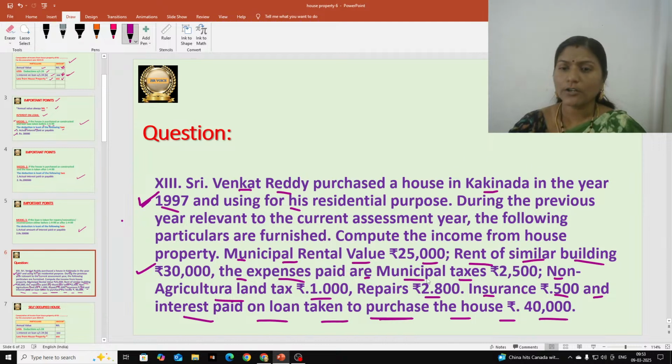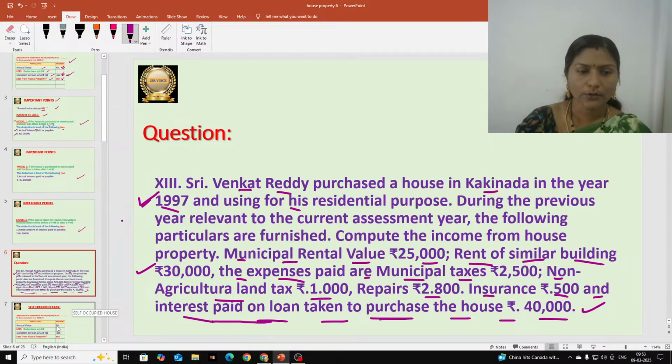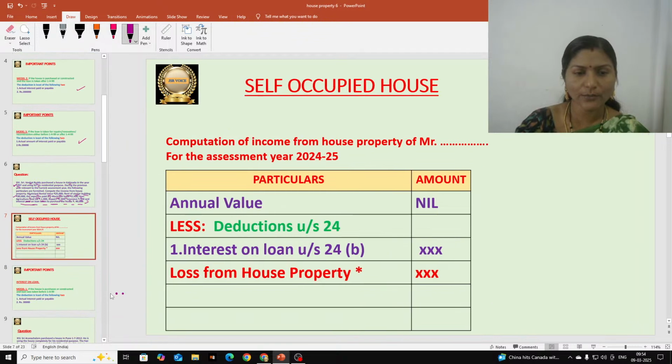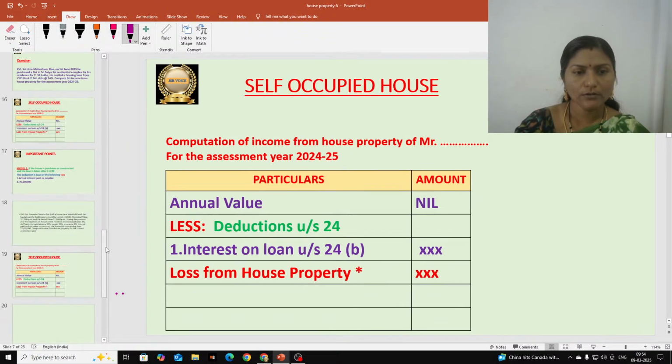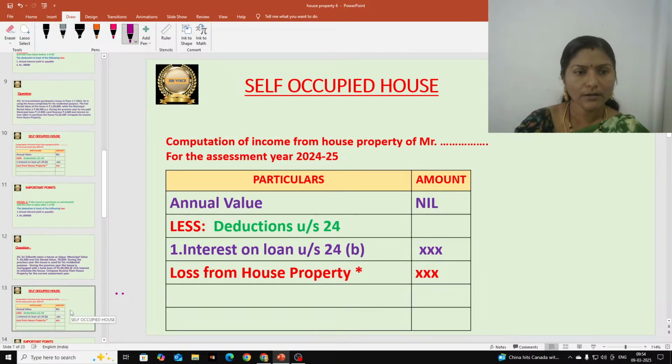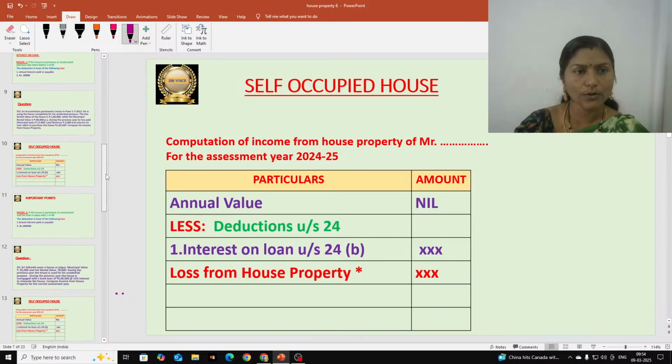We are not bothered about the other details given in the question. We should take only the interest on loan if it is given. They have given it at the end, so we take that only. How much is it? 40,000. Let us do the solution now. This is the format that we are going to follow when we do this problem.